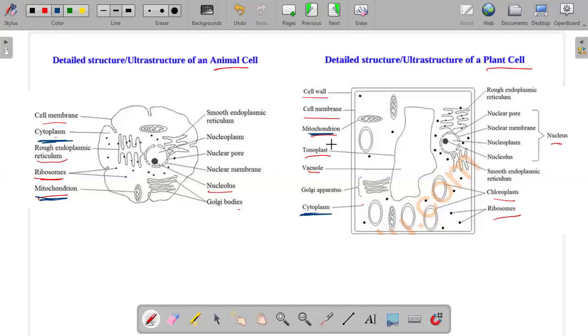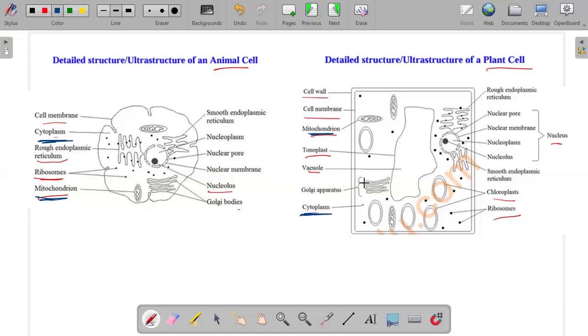The mitochondria is also known as the powerhouse of the cell. It is a rod-like or sausage-like structure where respiration occurs. So its function is to house respiration. This is where respiration takes place. That's the function of the mitochondria.